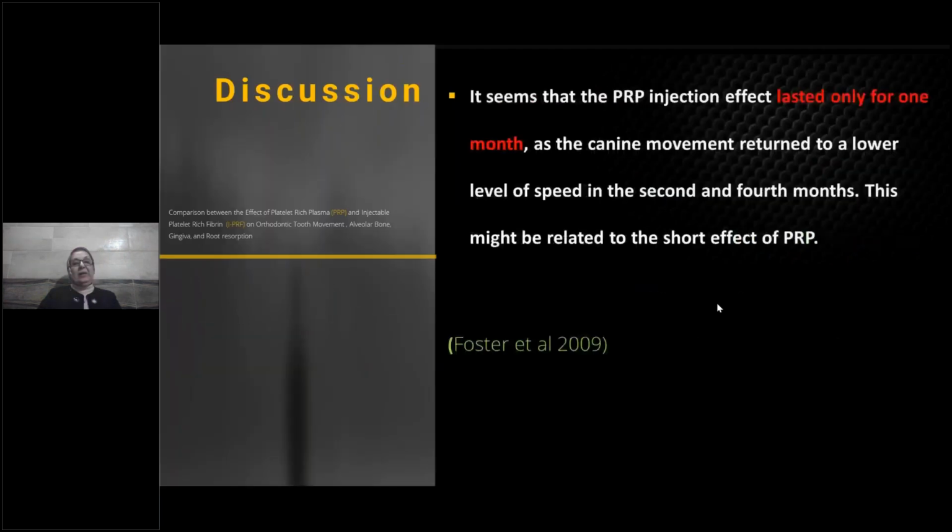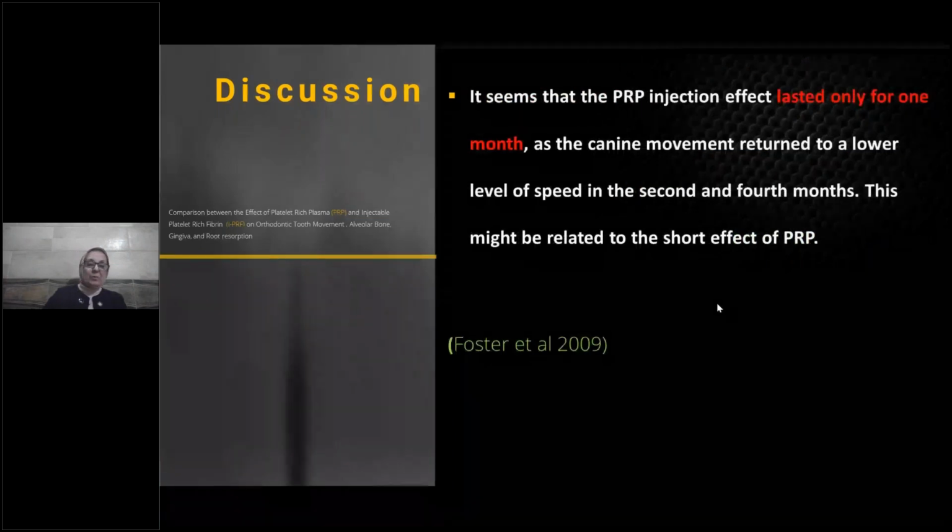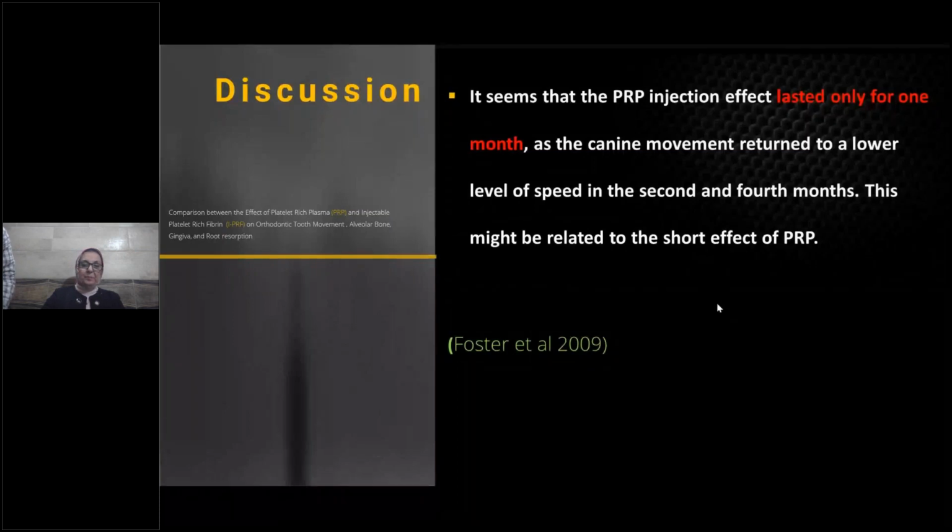It seems that the PRP injection effect lasted only for 1 month, as the canine movement returned to a lower level of speed in the second and fourth months. This might be related to the short effect of PRP.